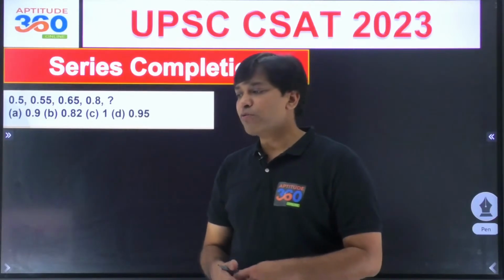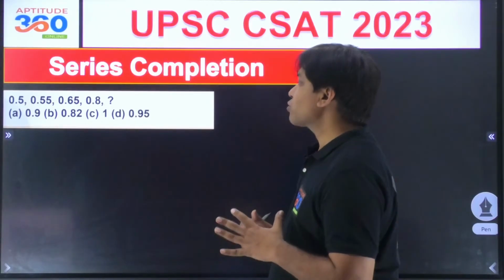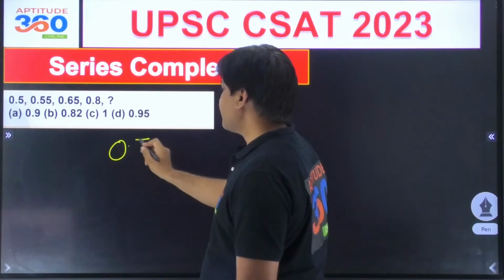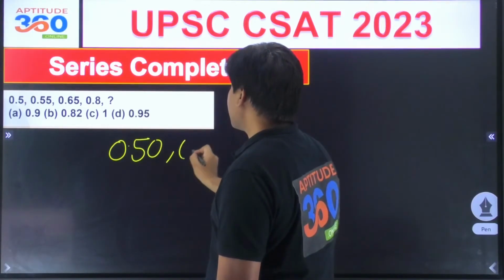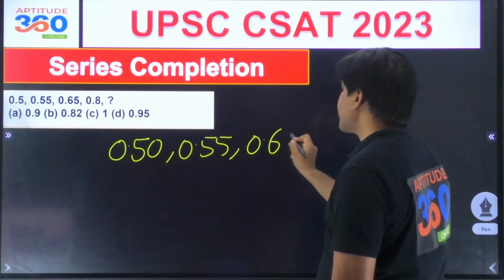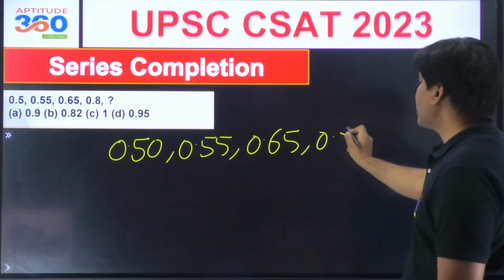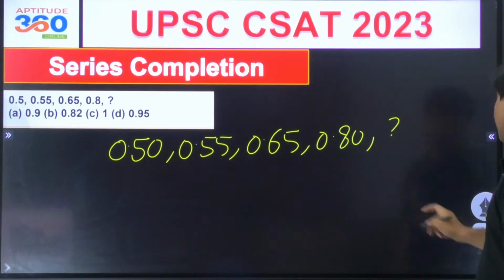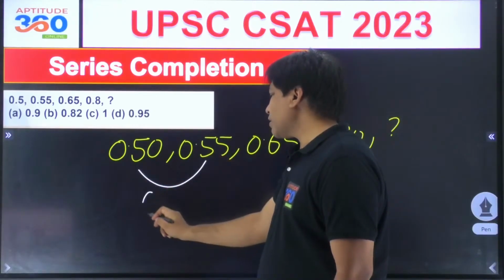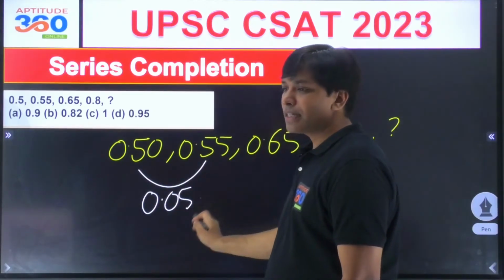कुछ आज बीच में फ्लक्चुएशन होगा. I am aware of that. So this is 0.50, isn't it? And then the next is 0.55 and 0.65 and then 0.80. What is this number? To find out this number, it's pretty simple. इसको इससे subtract किया तो what is that you're getting? 0.05, isn't it?